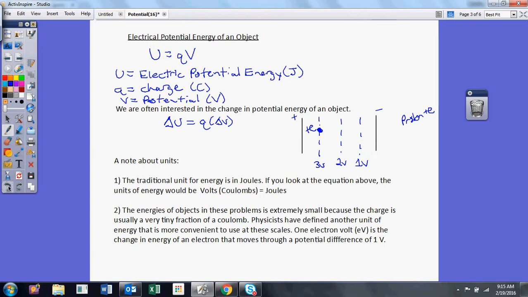Actually, hold on a second, I'm going to change that to this. So we'll have plus e there. This is going to be the initial. And here we will have the final position.